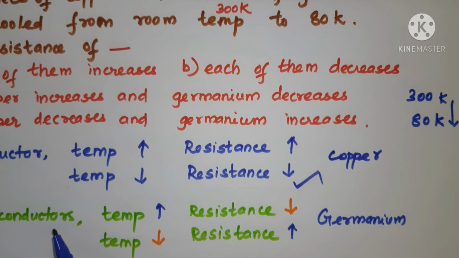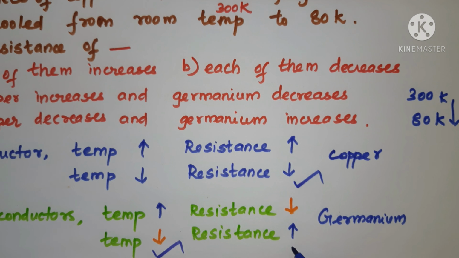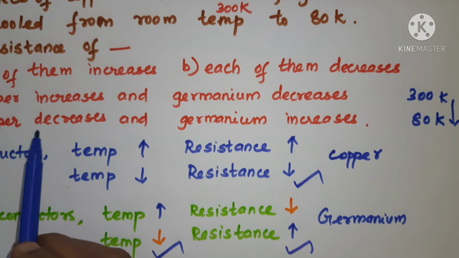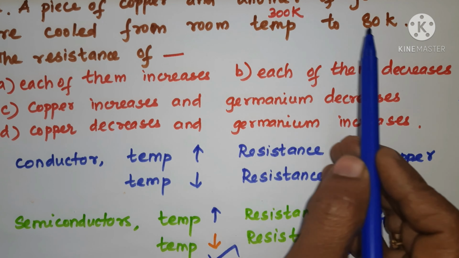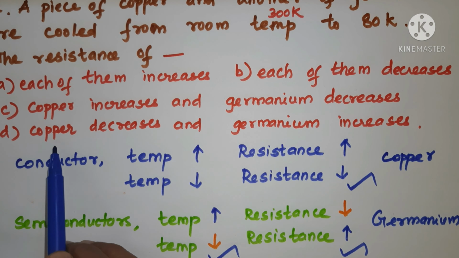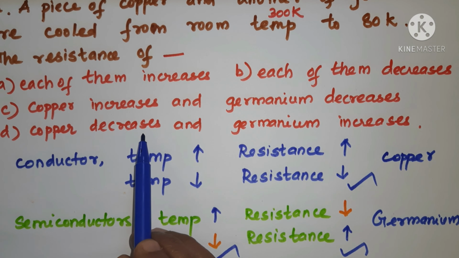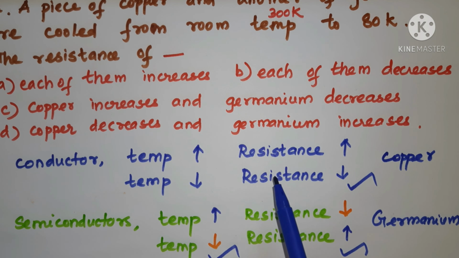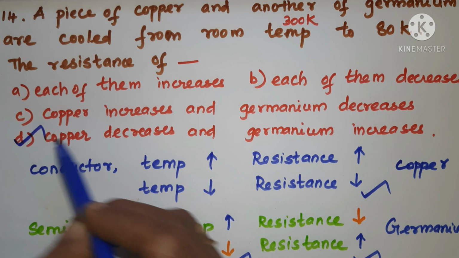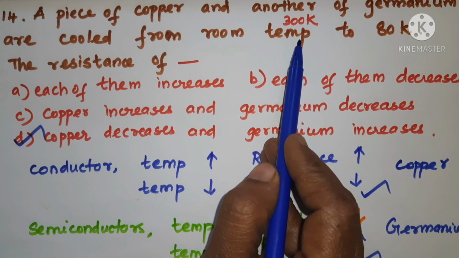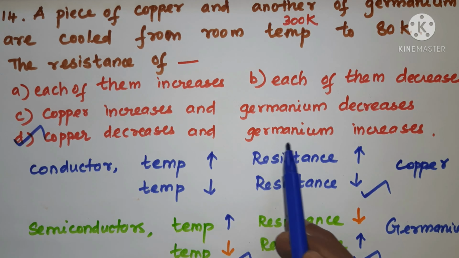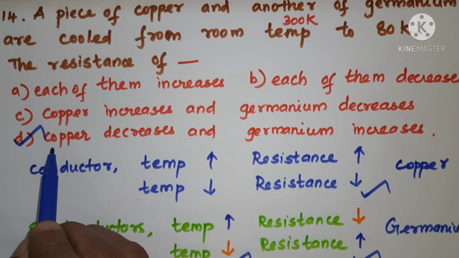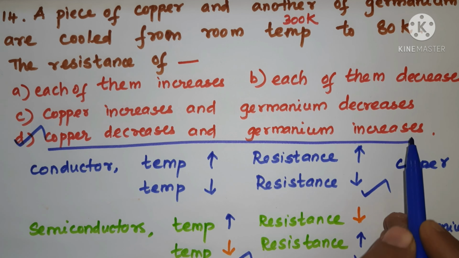And in the case of the semiconductor germanium, temperature decreases and the resistance increases. So we see here, as the temperature has been reduced from 300 to 80 Kelvin, the resistance of the copper decreases and germanium increases. Option D is the correct one. As the temperature decreases, the resistance of the conductor decreases and the resistance of the semiconductor increases.